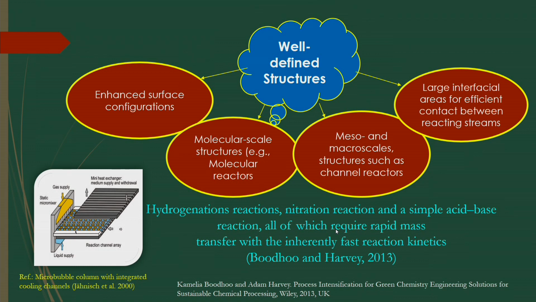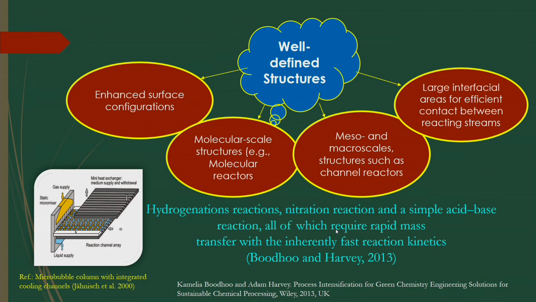So, enhanced surface configurations, molecular scale structures, for example molecular reactors, even meso and macro scale structures such as channel reactors, are important process intensification methods, giving large interfacial areas for efficient contact between the reacting streams by generating packing materials, structured packing materials there.